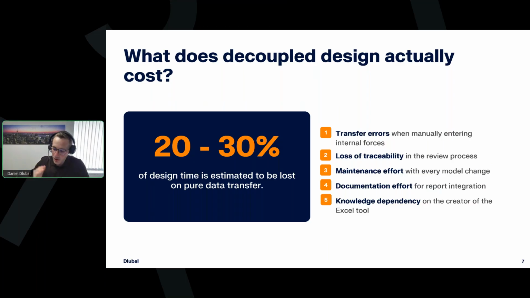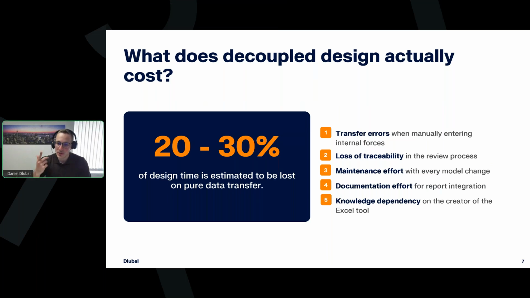And where do they occur? Transfer errors, especially when manually entering internal forces. There's always this gap. I have done my 3D analysis, I have my moments, I have my shear forces, I have my support reactions. I put them to another tool, and then a lot of things can happen, especially when your 3D model is updated, so when you run the analysis from scratch again.